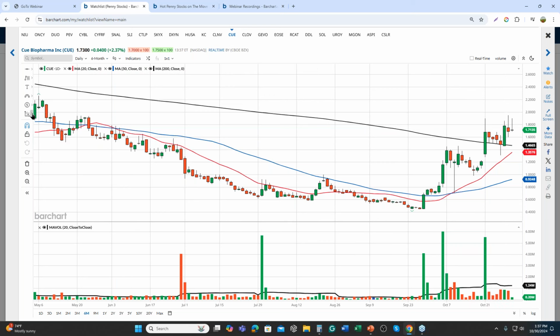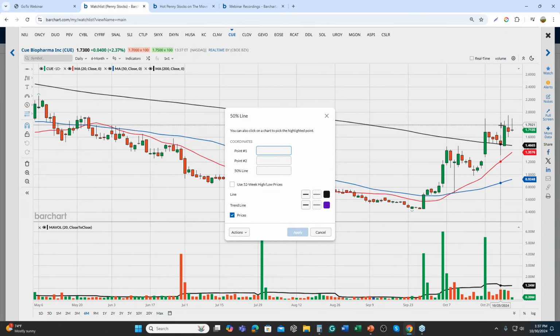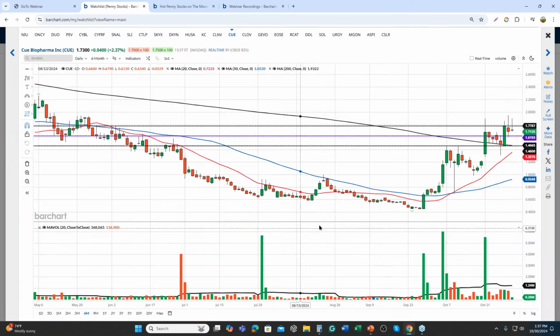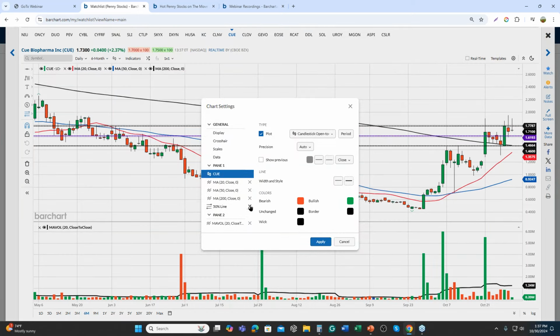Again, that Mariposa. So let's go back and look at our 50% line. And again, I'm just going to use this to find out where that 50% is. And it looks like it comes in just under, right around 1.60, 1.90. Let's make it 1.62. All right, I probably could do a better job of drawing that line.